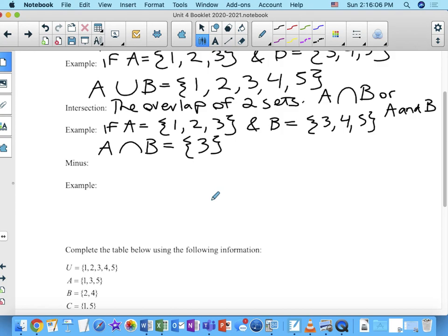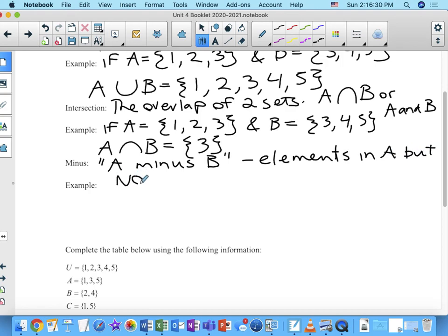Okay, so if we're talking about A minus B, we would be looking at elements that are in A but not in B. Okay, so we would say it out loud as A minus B, and it's elements in A but not in B. Okay, and the notation that we use is like a backslash. Whoops, not B minus A, A minus B.